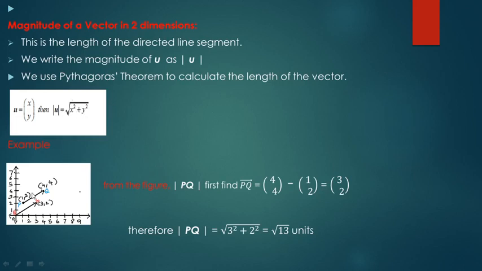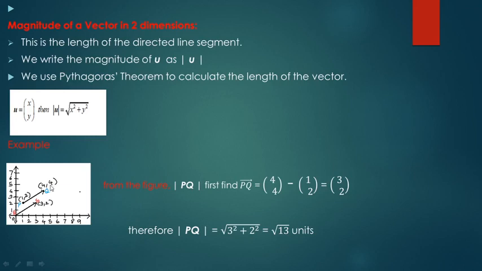So, an example of the one that we discussed above, where this and this had the same magnitude. To find the magnitude of PQ, remember we have to get the PQ vector first, in column form. PQ vector is OQ minus OP.